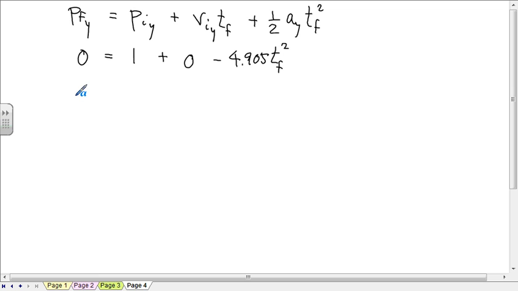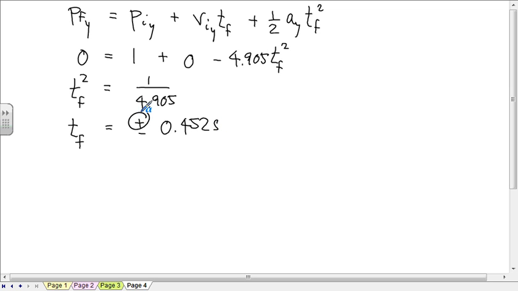And so TF squared is 1 divided by 4.905, and so TF is plus or minus 0.452 seconds. Time, we always want to take the positive one, so positive 0.452 seconds.